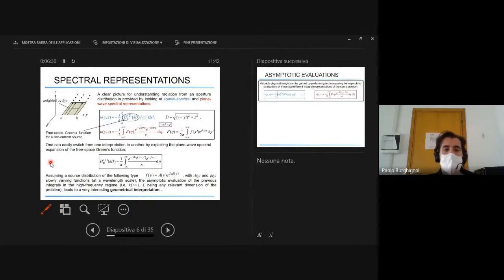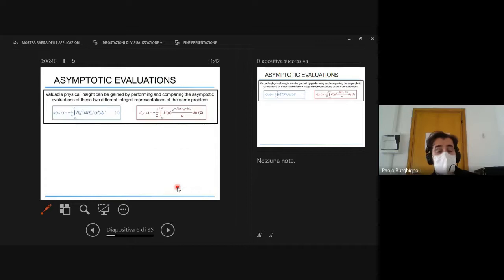And it is useful to have an asymptotic evaluation of these two representations with respect to such an aperture distribution, because the asymptotic representation of these integrals leads to a very interesting geometrical interpretation.